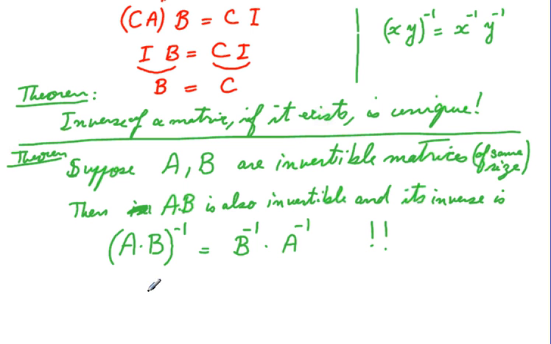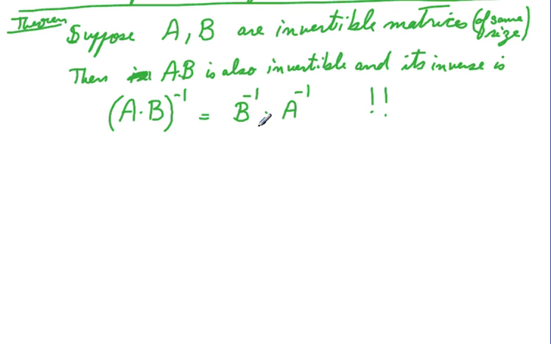Let's see, why is that true? The question is, what is the inverse of A times B? And we are claiming that this is the inverse. Let's go ahead, multiply, and see what happens. If I take that, multiply with what I got. Let's go ahead and simplify.